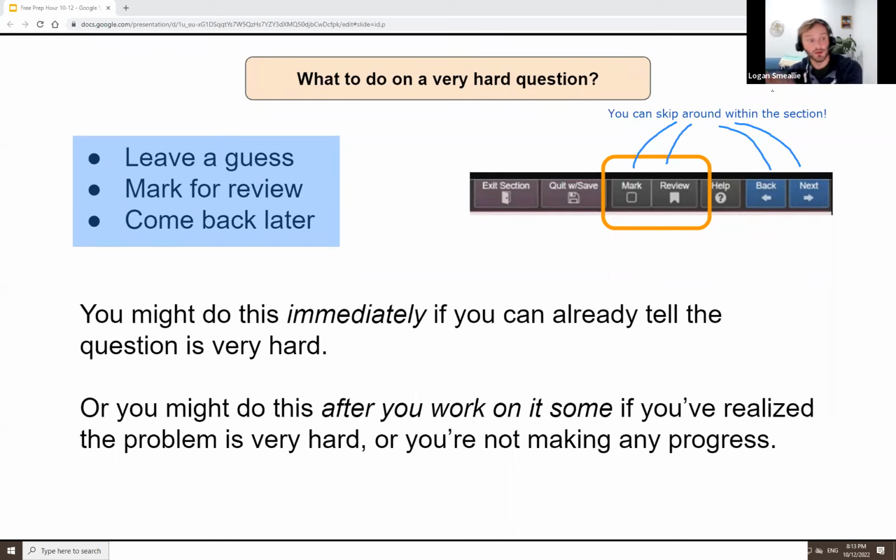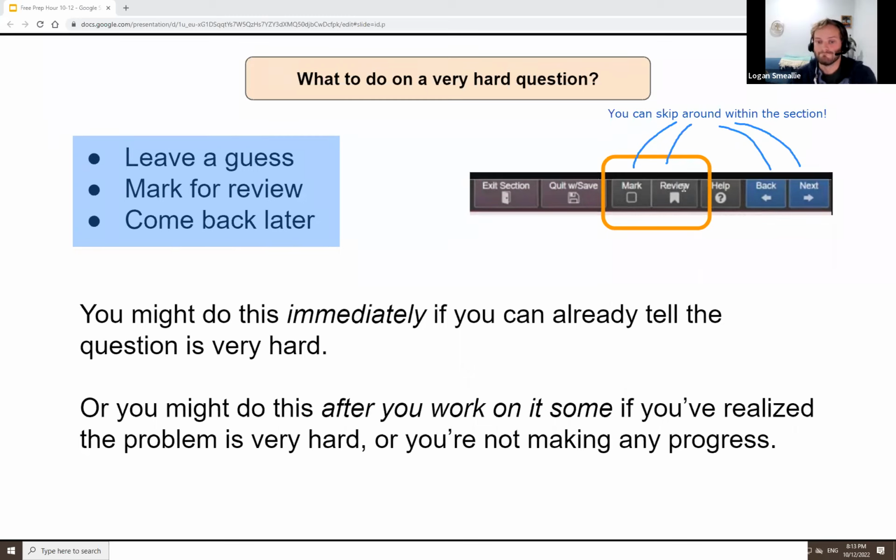You can go forward, you can go backward, and you can use these pair of buttons that I have circled. The mark button puts literally a check mark there. It's kind of like if you were taking a paper test, putting a star on it. And then what the review button does is it brings you to a list of the 20 questions, and you can double click into the ones that you have marked.